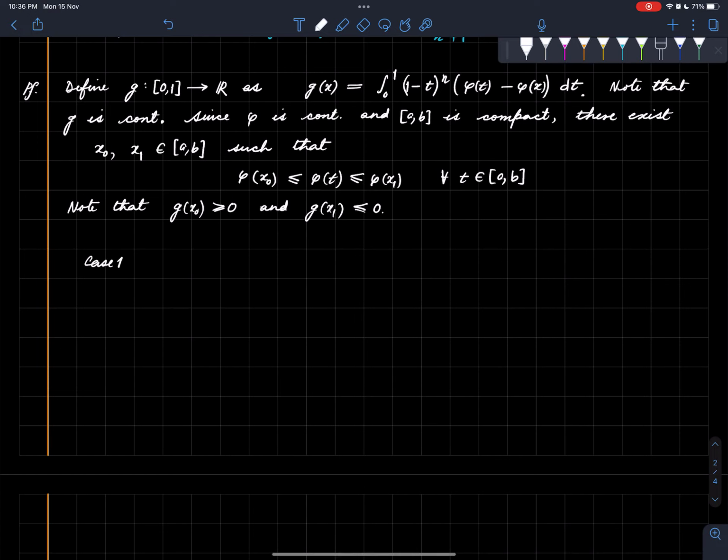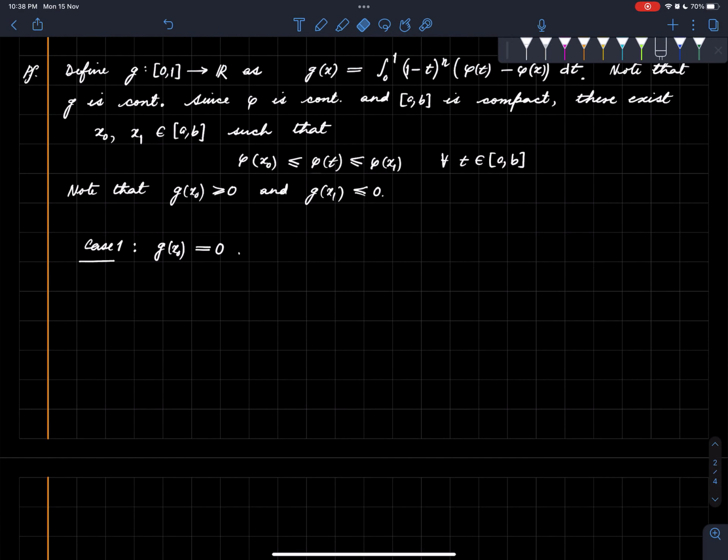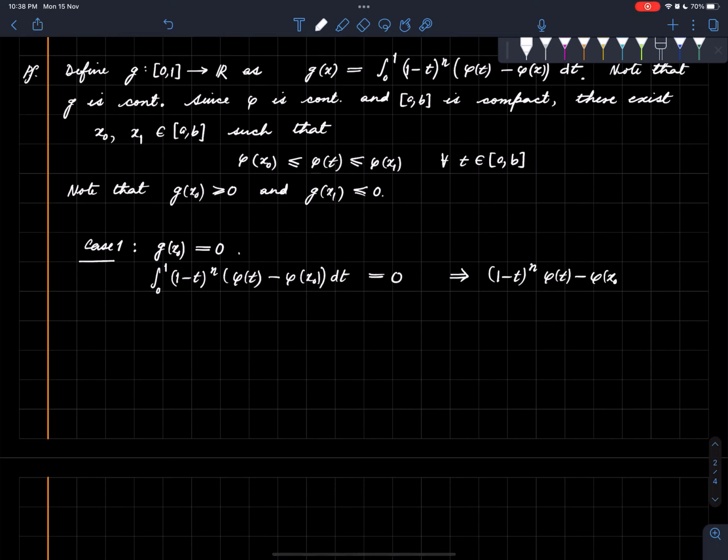Case 1 is that g(x0) is 0. So what happens in this case? This integral is 0. But then I claim that this implies that the integrand, the thing inside, is 0 for all t in the closed interval [0, 1].